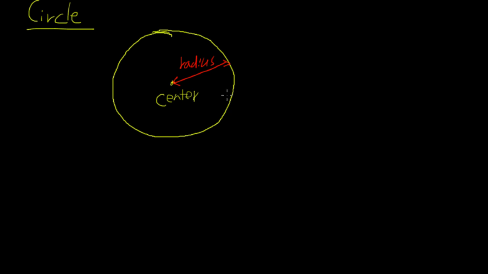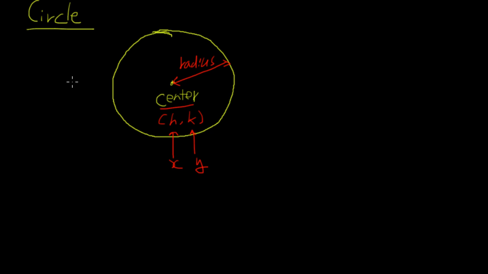So circle is actually a collection of points that share the same distance from the center. They usually use this center as h and k for x coordinate and y coordinate.